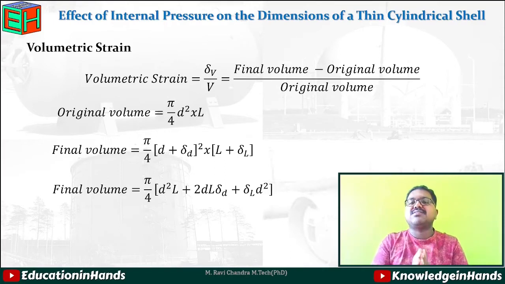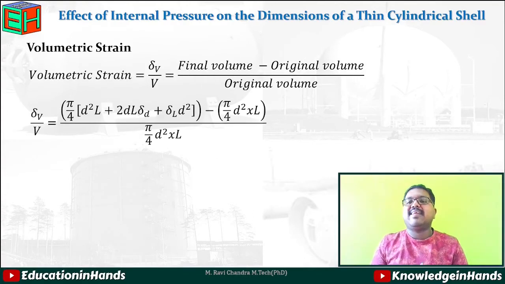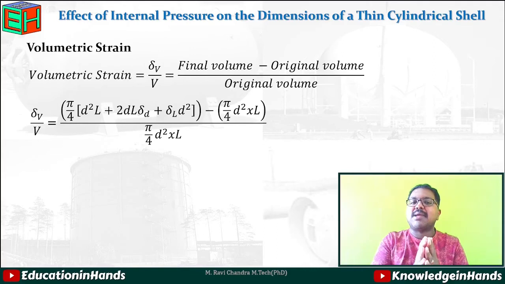If we put these values of original volume and final volume in the volumetric strain, we get this equation: delta V by V equals pi by 4 into (d square L plus 2dL delta d plus delta L d square) minus the original volume, pi by 4 d square into L, divided by the original volume.